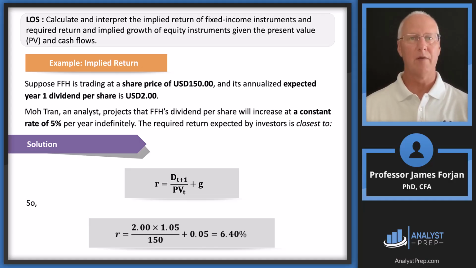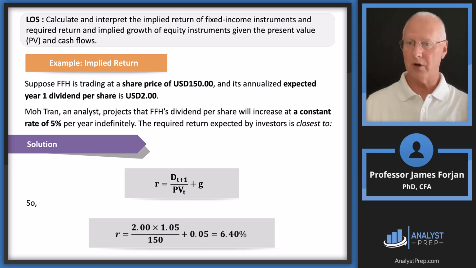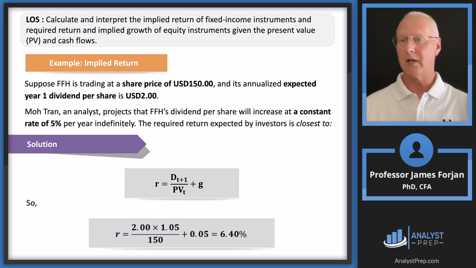Let's suppose we have a stock that's trading at $150 with an annualized expected year 1 dividend per share of $2. We have an analyst that projects that the dividends will grow at 5% per year. So required return expected by investors, or the implied return by the Gordon growth model. All we're going to do is put the $2 in the numerator.